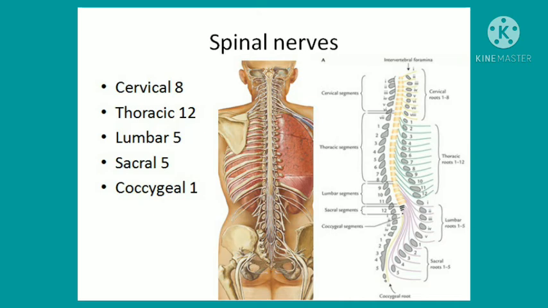Attachments of spinal nerves. There are 31 pairs of spinal nerves emerging from the sides of the spinal cord. Of these, 8 are cervical, 12 are thoracic, 5 are lumbar, 5 are sacral, and 1 is coccygeal.